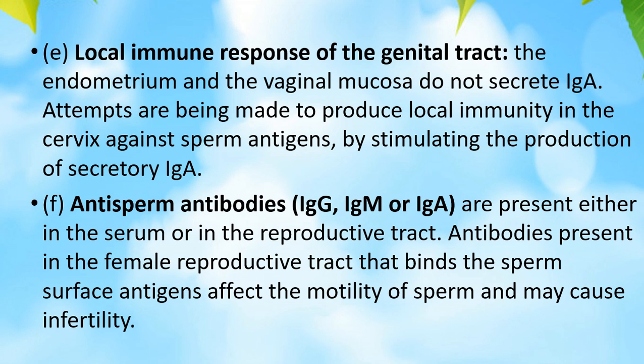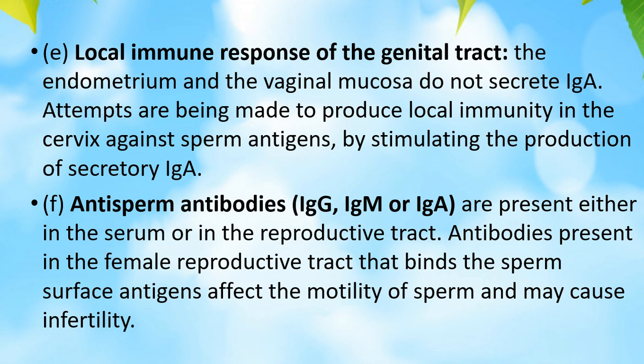Then next, local immune response of the genital tract also causes infertility. The endometrium and vaginal mucosa do not secrete IgA, and that also causes infertility. Attempts are being made to produce local immunity in the cervix against sperm antigen by stimulating the production of secretory IgA.